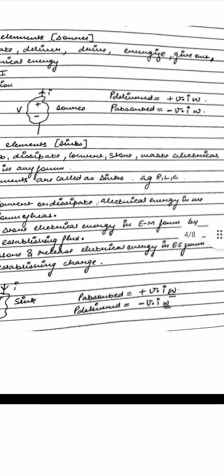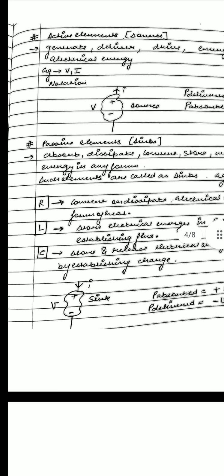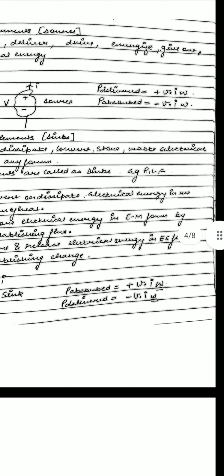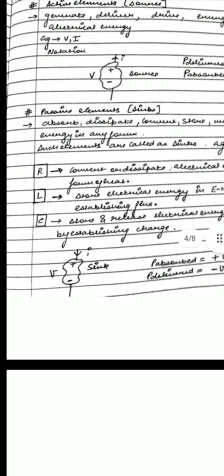Example, resistance. What does resistance do? Resistance converts or dissipates electrical energy in the form of heat.